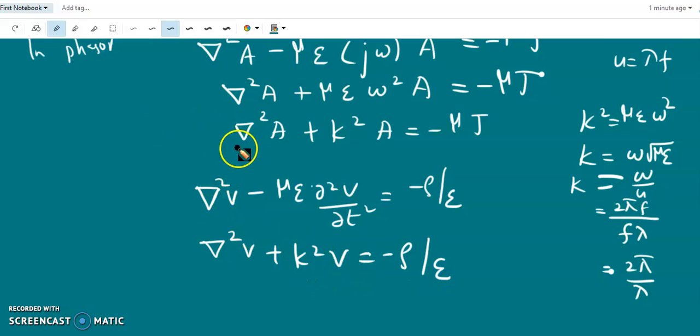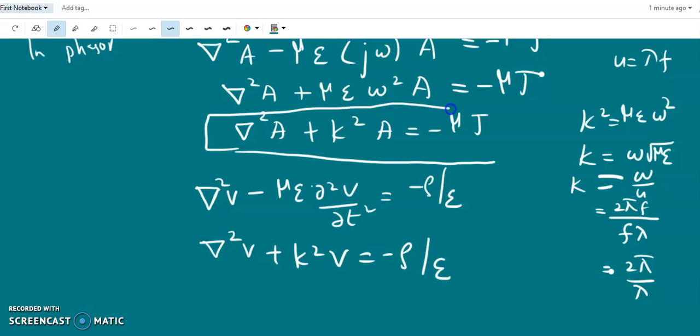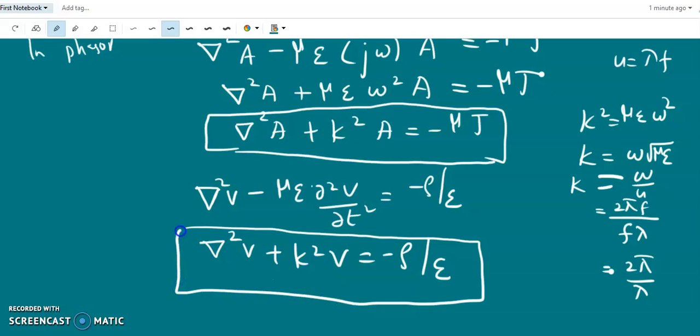These two equations, del square A plus K square A is equal to minus mu J, and del square V plus K square V is equal to minus rho by epsilon, are called the non-homogeneous Helmholtz equations.